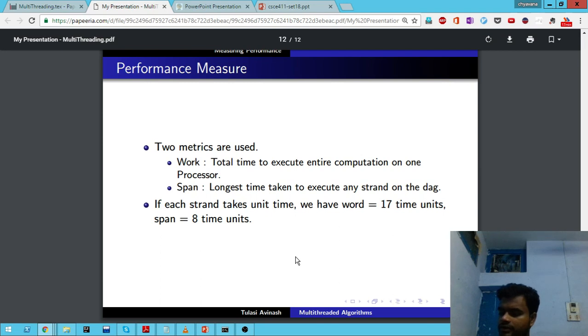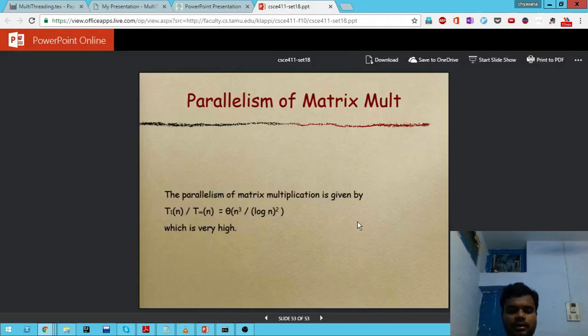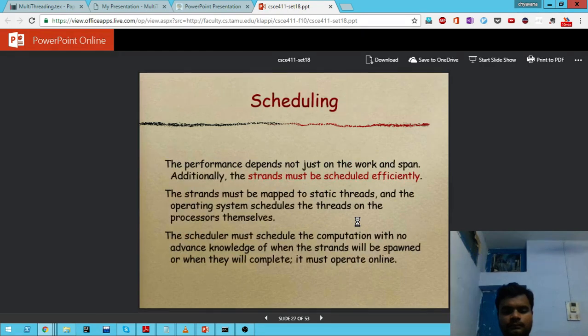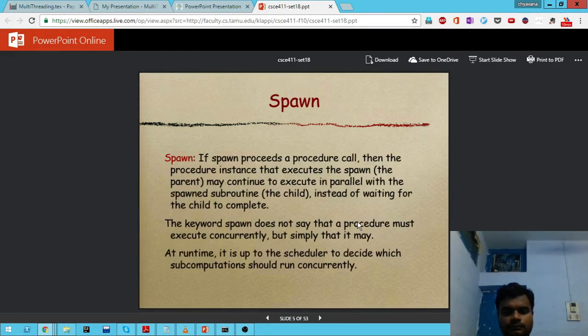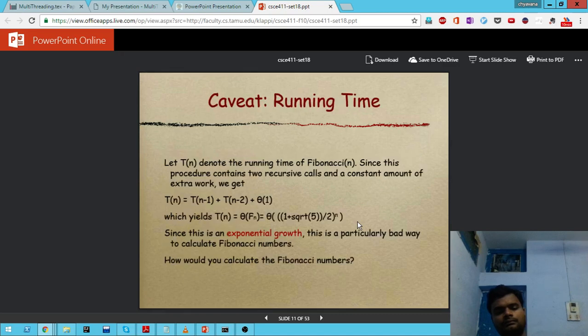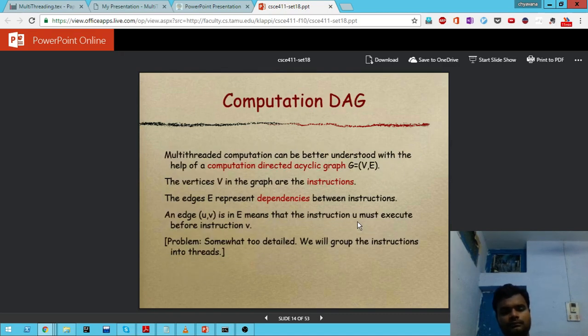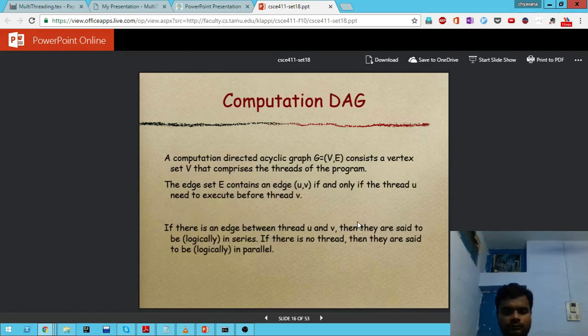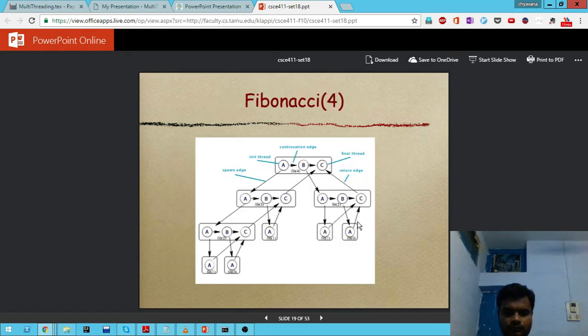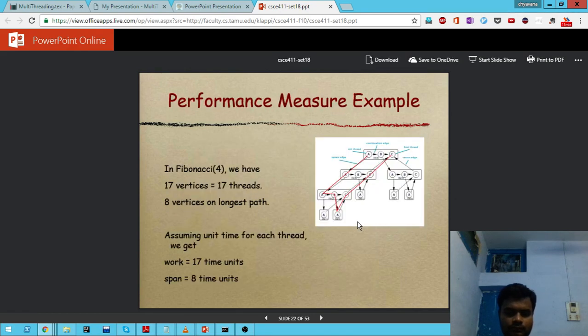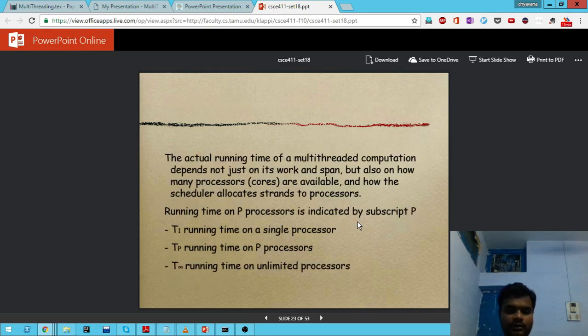So this is the longest length. So this is the entire time taken, or we can call it the complexity of the entire thing.